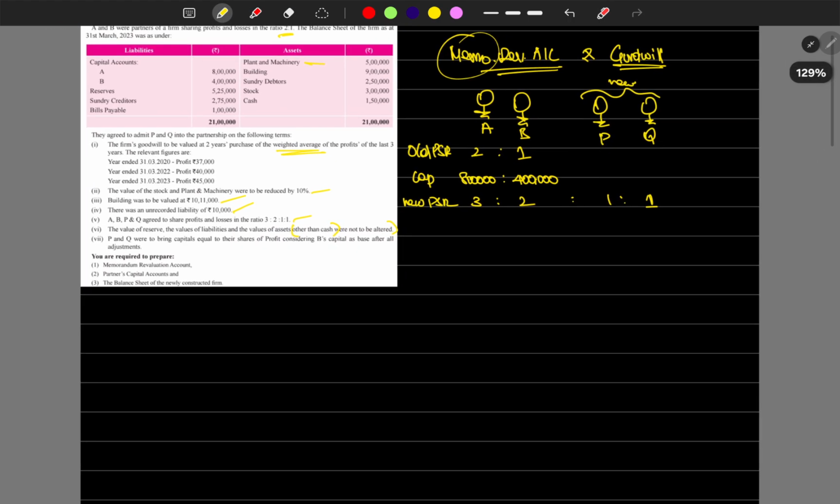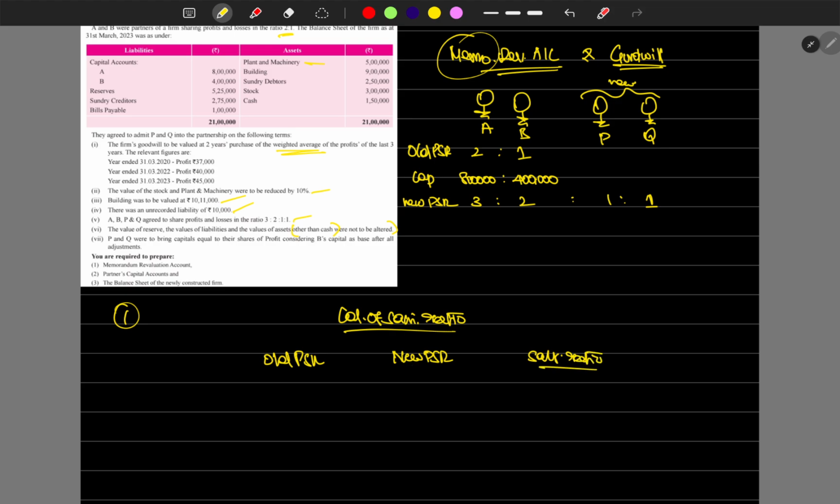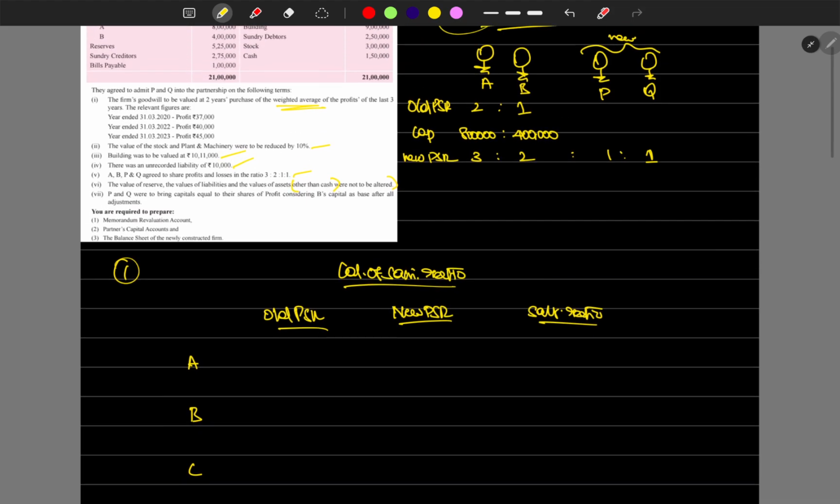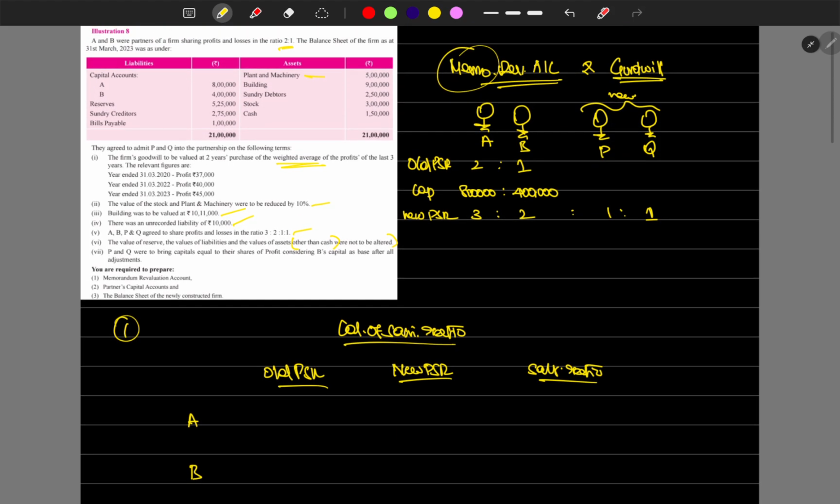The first thing, whenever we are starting with the partnership, what we have to do? Calculation of sacrificing ratio, right? How? Old PSR, new PSR, sacrificing ratio. A, B, C. Okay, what's the old PSR? 2:1.